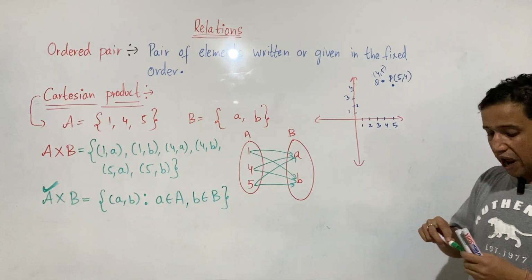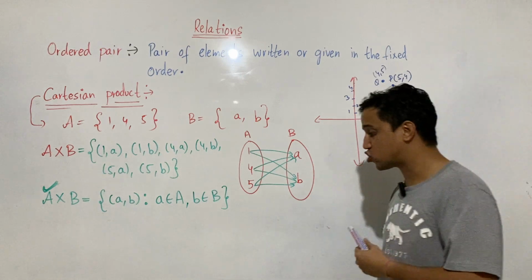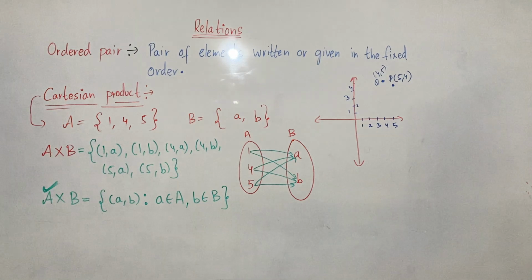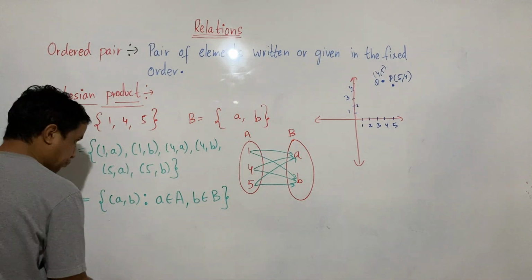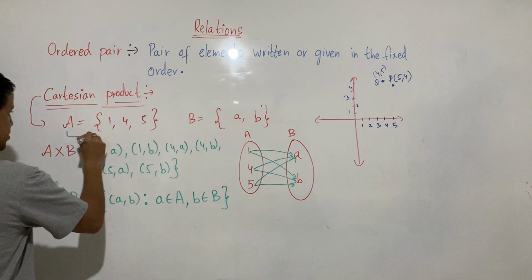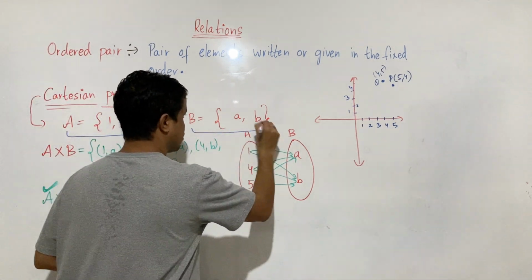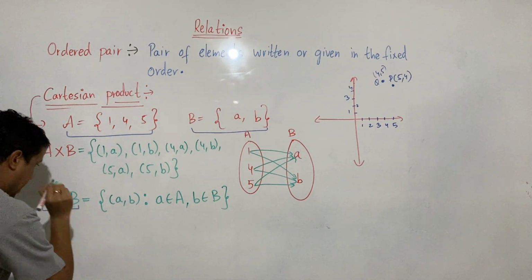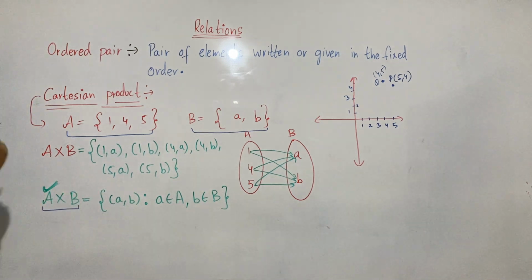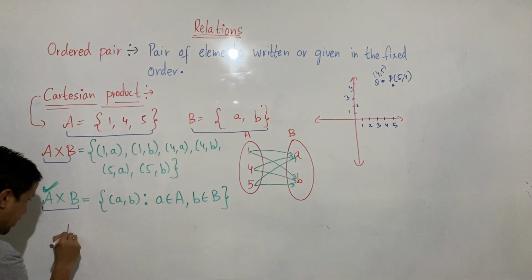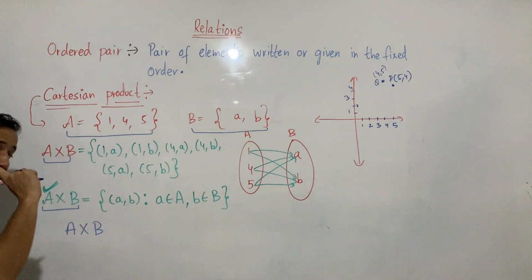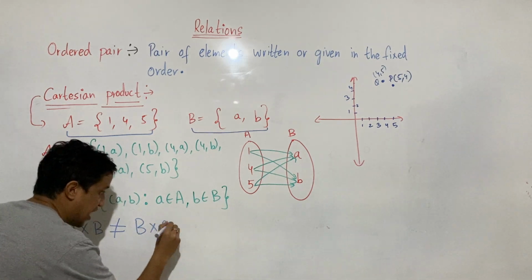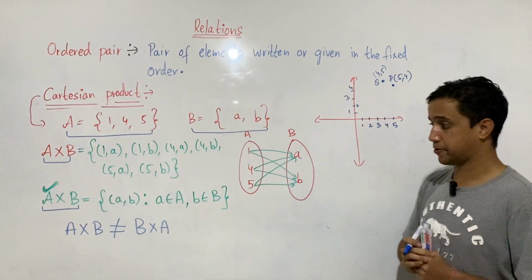Now you have to understand a few things. You have to observe a few things here. Again, these are the two given sets, and here I have found A Cartesian product B. Now, A Cartesian product B is not the same as B Cartesian product A. You have to understand this.